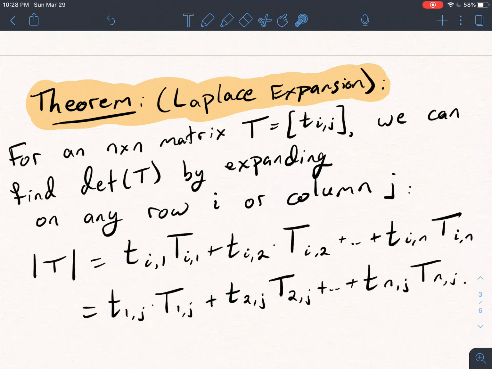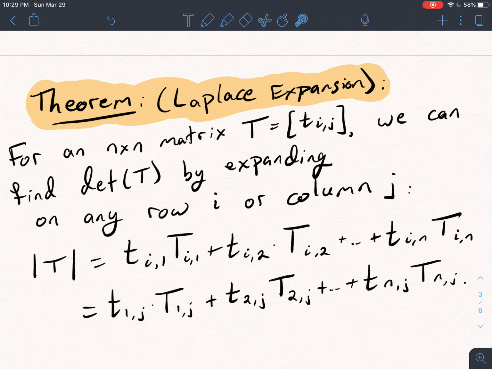If we want to expand on row i, then the determinant of T is equal to this. I take the entries in that row, so the entries in row i of T would be Ti1, Ti2, Ti3, up through Tin. This is an n by n matrix.